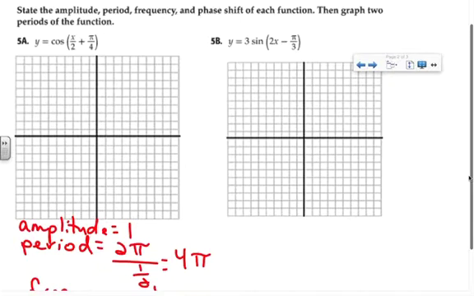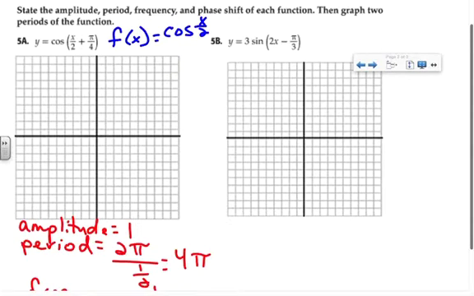Because since we have an adjusted period for our graph, as well as a phase shift, the way that I want to graph my starting function is I want to graph an f of x that is the cosine of x over 2. So I want to graph a cosine function that has a period of 4 pi that's still starting in the same place and ending in the same place as a function with period 4 pi would do, and then I want to phase shift it.